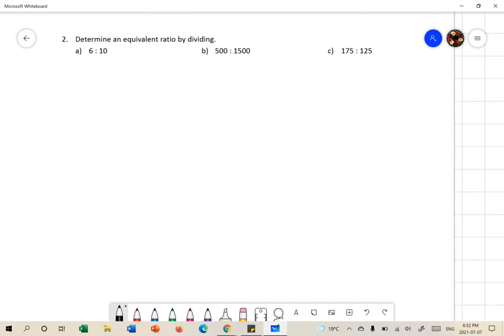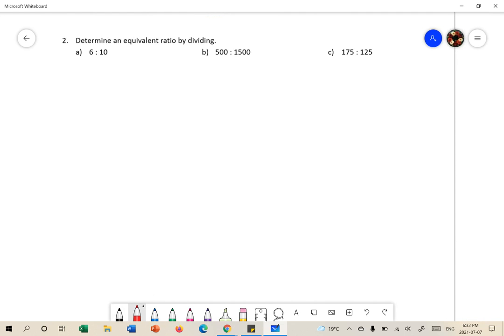In part 2, it's asking us to divide, so we want a smaller ratio. Let's divide both parts of our ratio by 2. So our equivalent ratio to 6 to 10 would be 3 to 5. In B, we can divide both parts by 100.